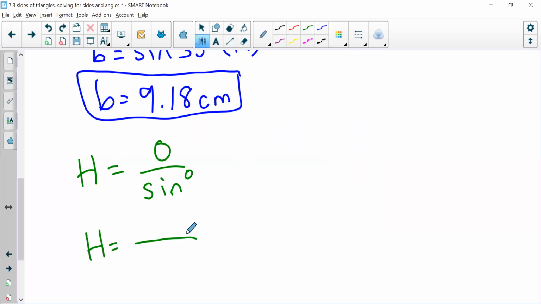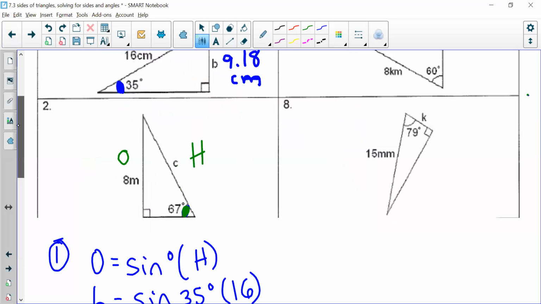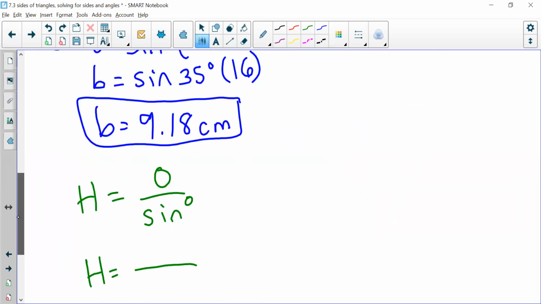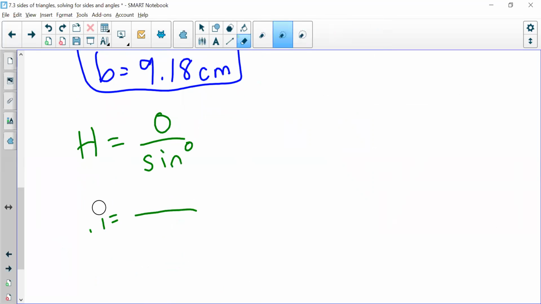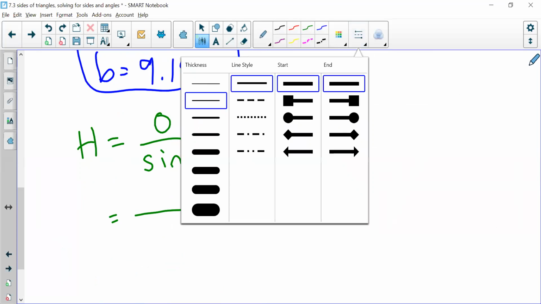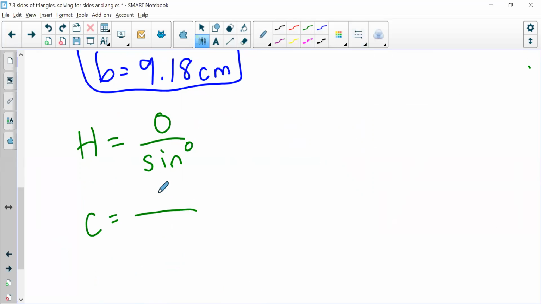How big was my opposite side length? Oh, I'm going to put C instead of H because that's my variable. 8 meters. Very good. So I'm going to put 8 in the top because that was my opposite side length. And how big was the angle that I was looking from or working with? 67. Very good.